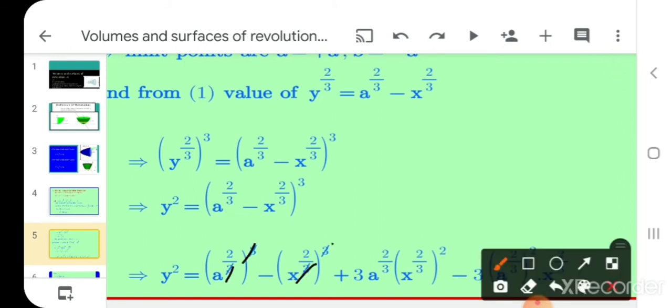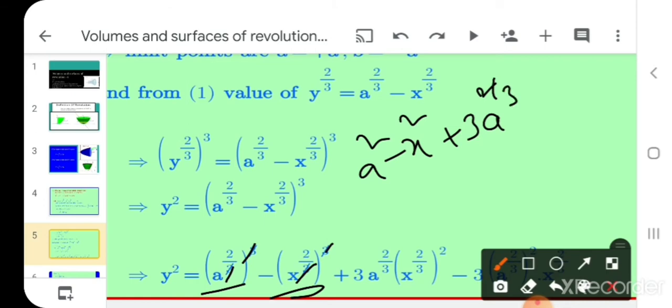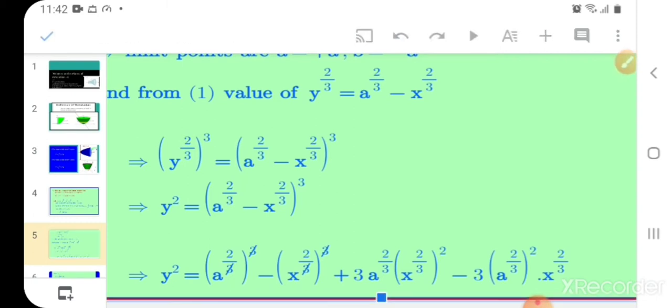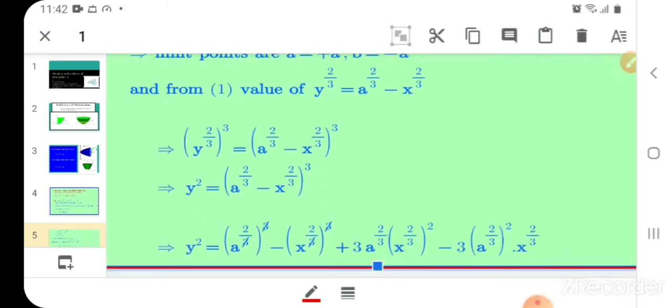Here the 3 cancels, here also. Then what is the remaining term? This is a square, this is minus x square, minus 3 a power 2 by 3 times x power 2 by 3 whole square, that is x power 4 by 3, minus 3 a power 2 by 3 whole square, which means a power 4 by 3, into x power 2 by 3. Next.